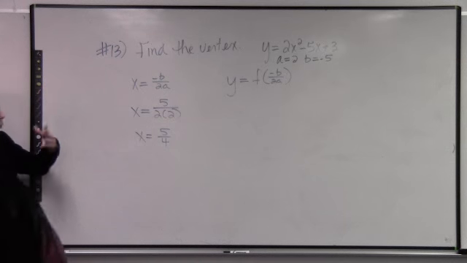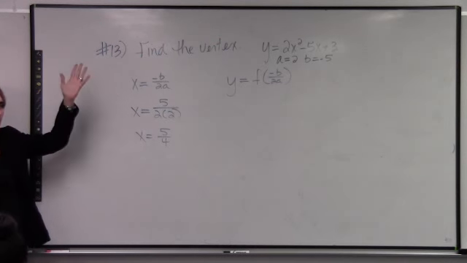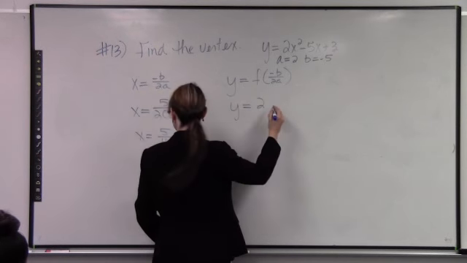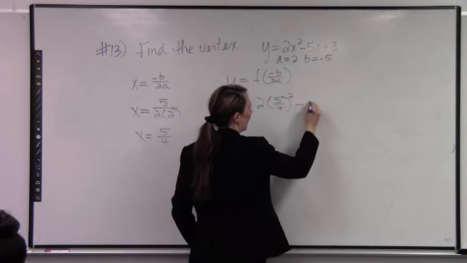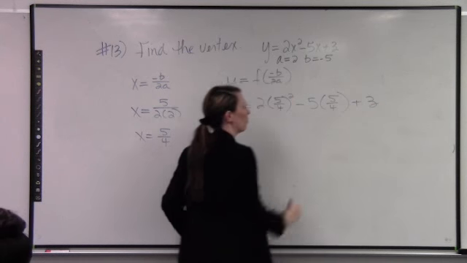All right, to find the y that goes with it, basically we're just going to take that and substitute it. That's all we're going to do. So y is going to equal 2 times 5/4 squared minus 5 times 5/4 plus 3.